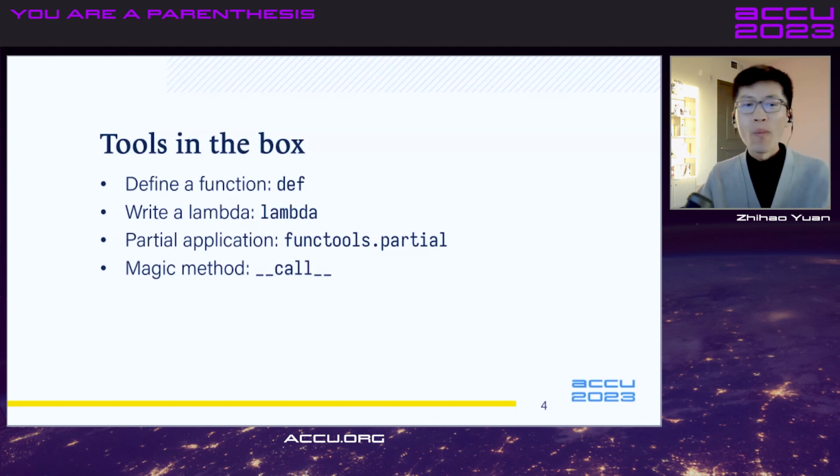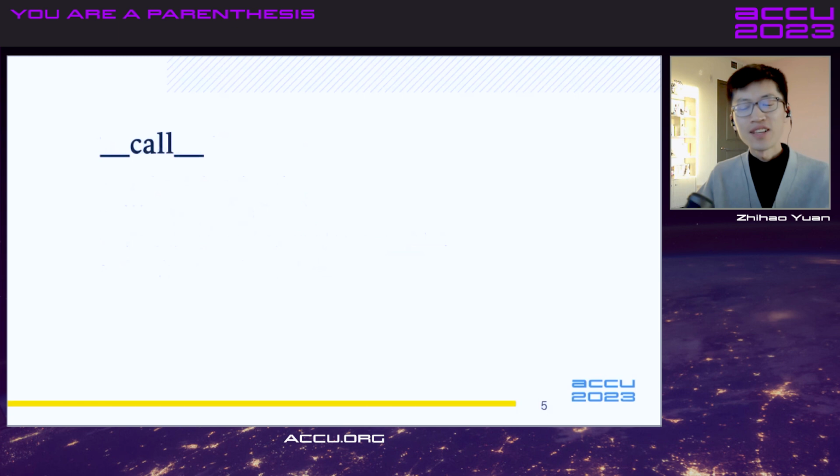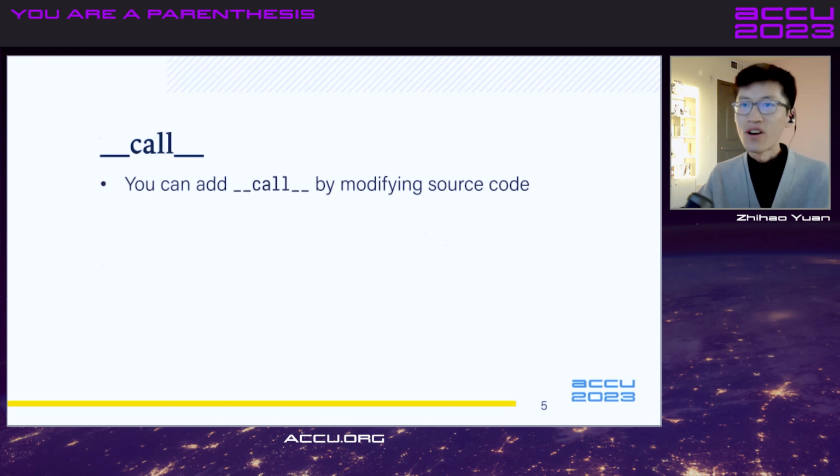Well, all these options seem silly if you know the right answer. But let's take a look at one of them to understand why it is silly. In the case of __call__, in Python you can add __call__ by modifying source code, but the prerequisite is that you own the source code.